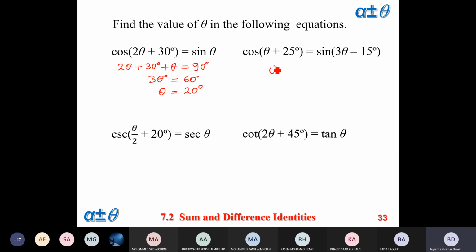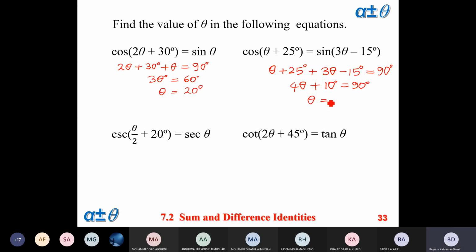So here, theta plus 25, and then plus 3 theta minus 15, should be equal to what? 90. How many thetas do we have? 4 theta plus 10 equals 90 degrees.